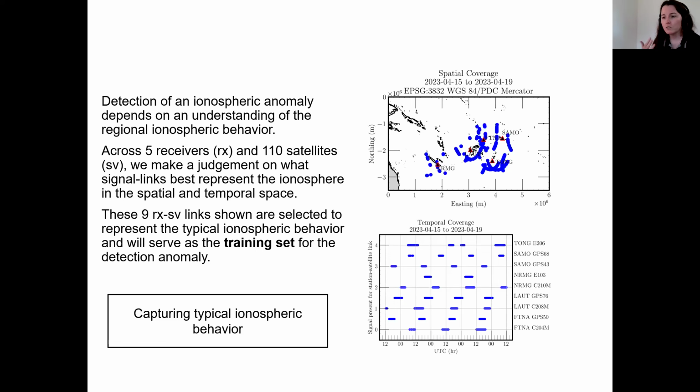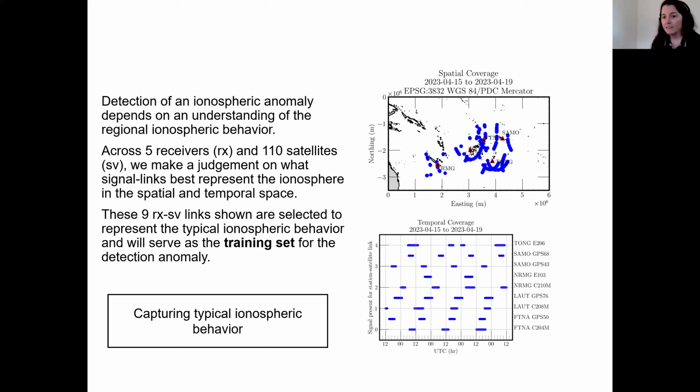So in order to try and capture regional behavior, we decided to at least represent every station, but we're going to pick 9 different satellites. And since this coverage does cover 24 hours in a day, the coverage is fairly decent, probably best around these stations.